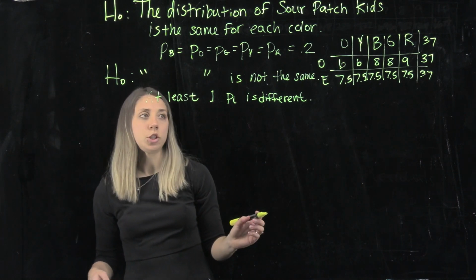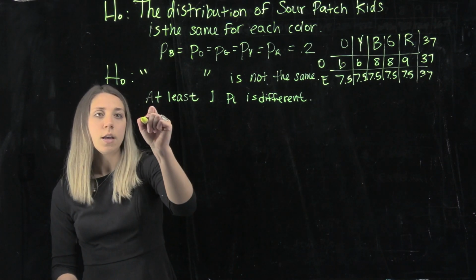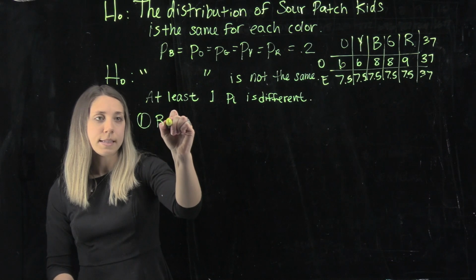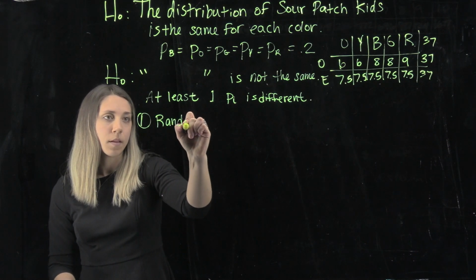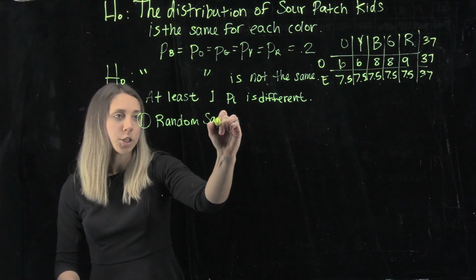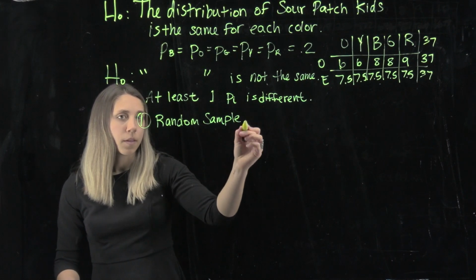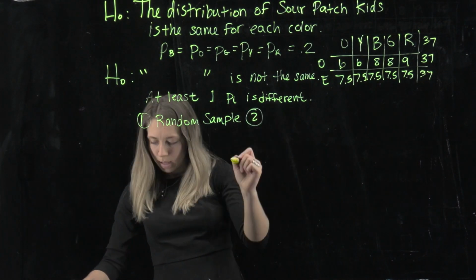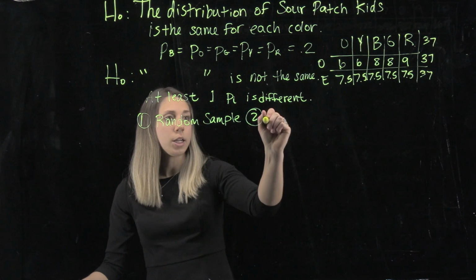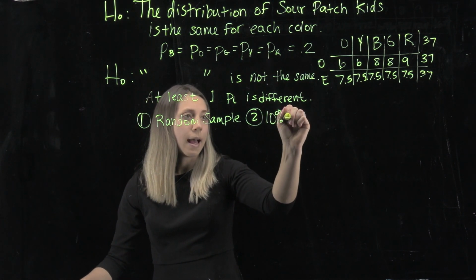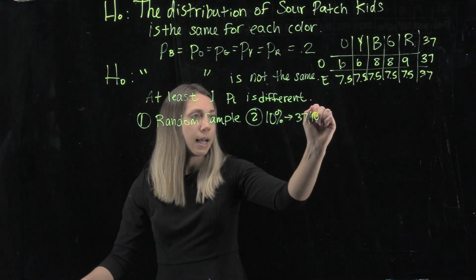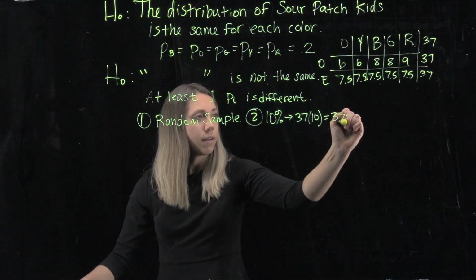All right, so let's check our conditions here first. Random sample. We're going to say that this is a random sample of Sour Patch Kids. 2, your 10% condition, that 37 times 10 is 370.